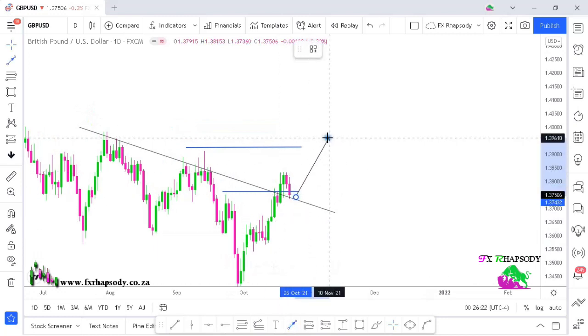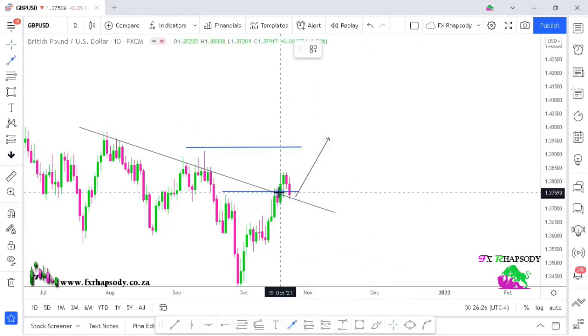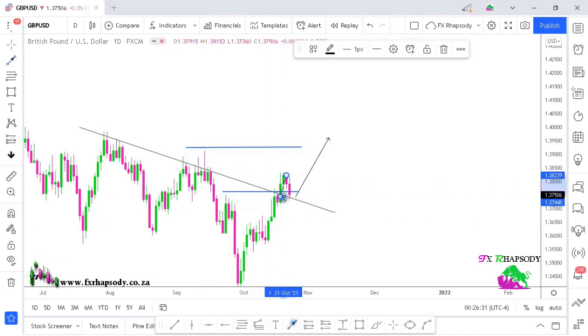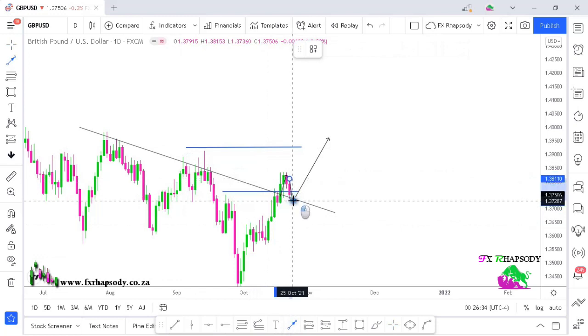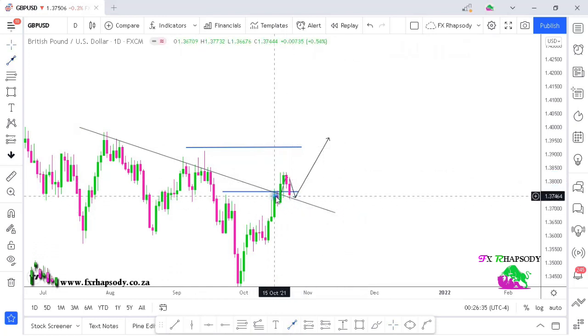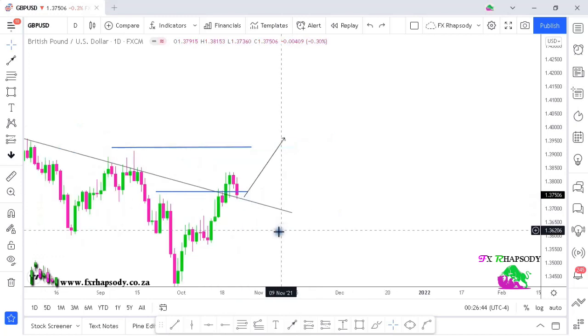Because in my previous analysis last weekend, I did say price is going to break this trend line, maybe tapping this liquidity, and what we want to wait for is this retest before we buy. So we're going to keep a close eye on price coming this week.